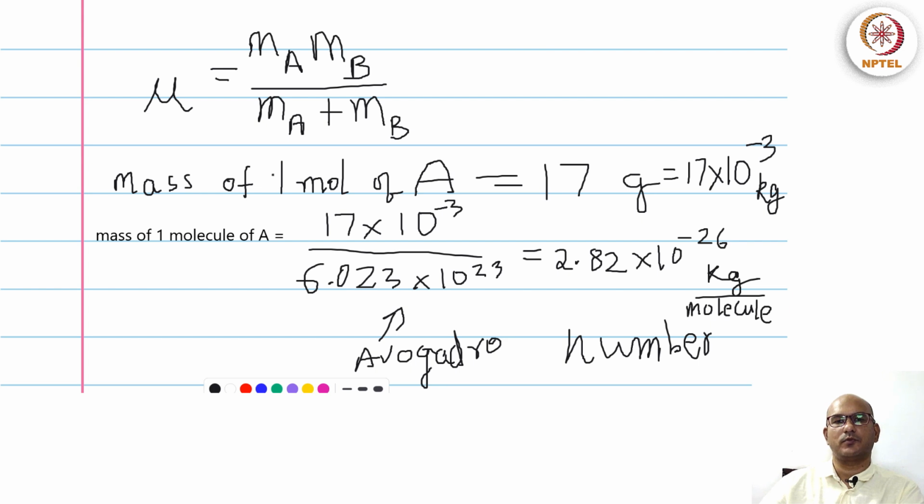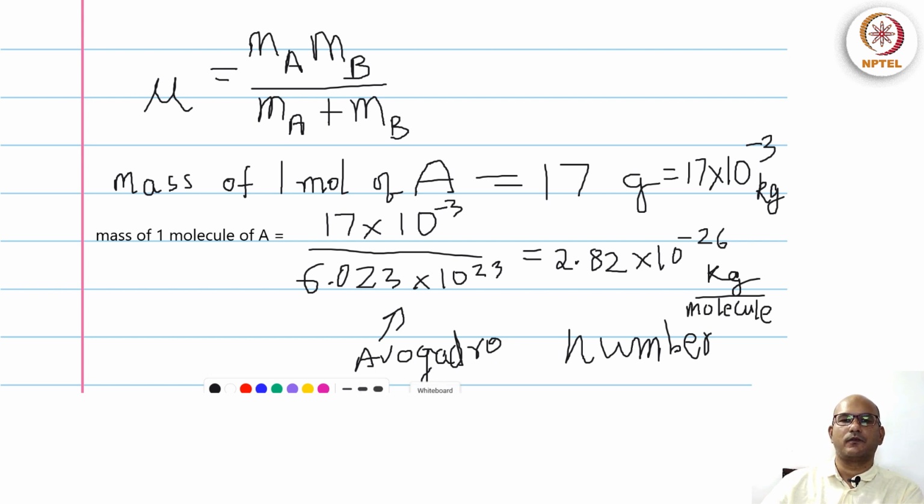We know 1 mole has Avogadro number molecules, so 1 mole is 6.023 into 10 to power 23 molecules. So the mass of one molecule of A is 17 into 10 to power minus 3 divided by 6.023 into 10 to the power 23.